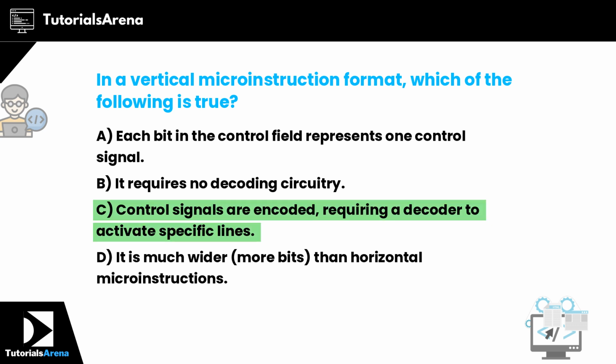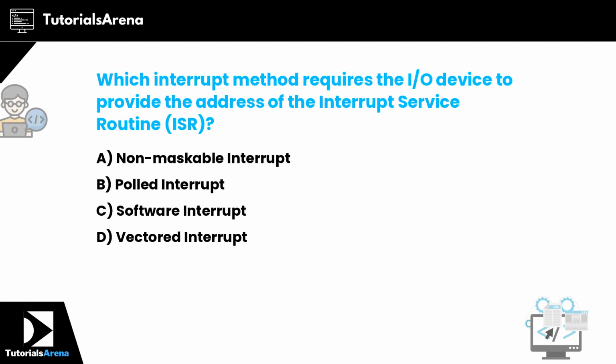The correct answer is option C. Control signals are encoded, requiring a decoder to activate specific lines. Which interrupt method requires the I/O device to provide the address of the interrupt service routine, ISR? The correct answer is option D, vectored interrupt.